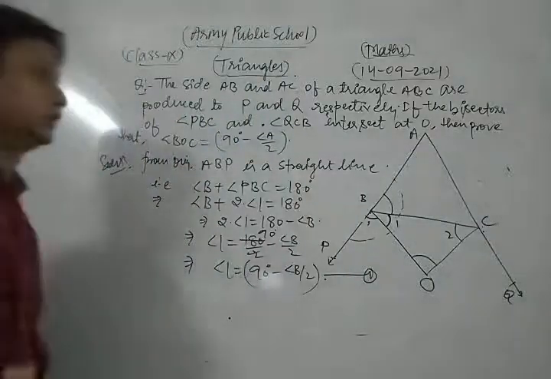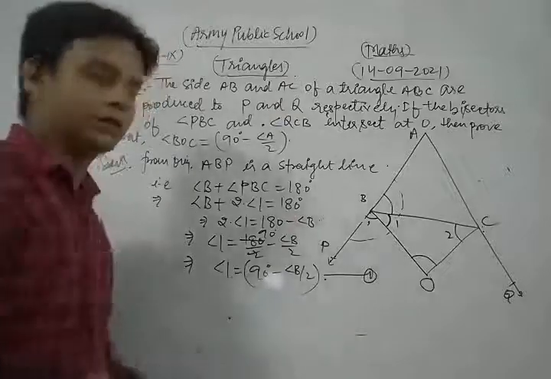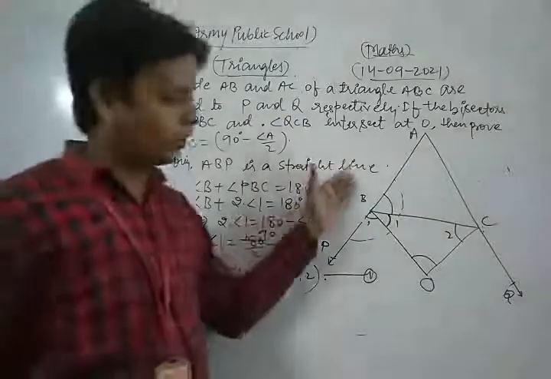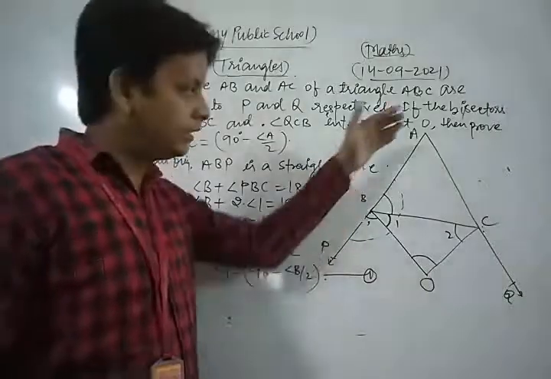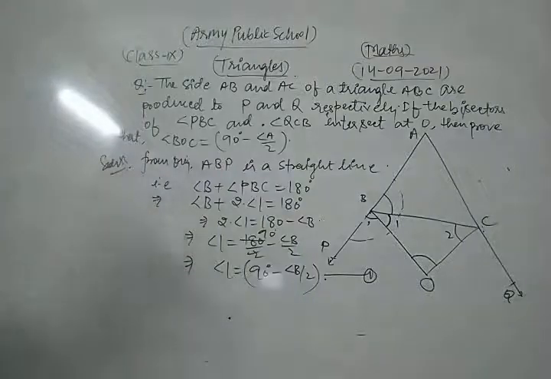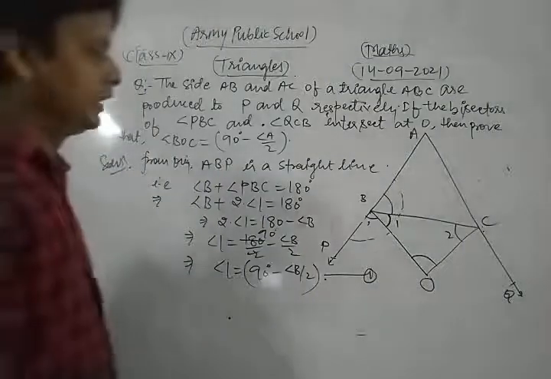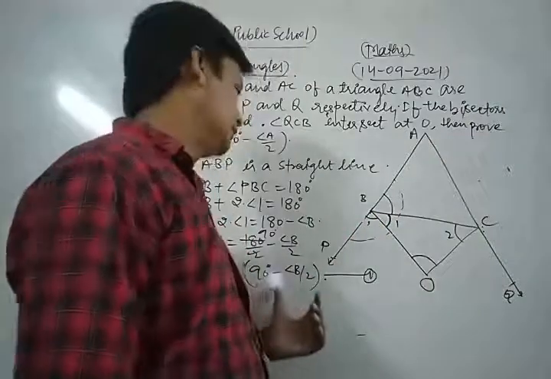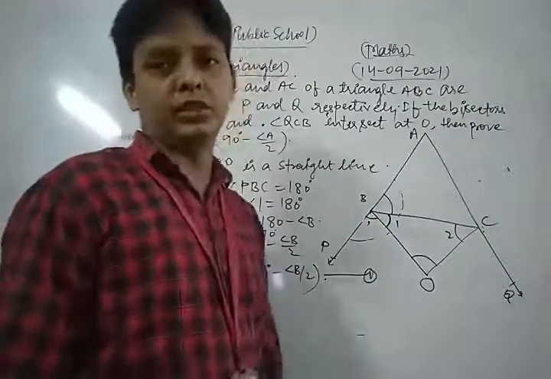Take this as equation number 1. In this way we apply the condition for a linear pair on that side, and we get the value of angle 1 as 90 degrees minus angle B by 2.